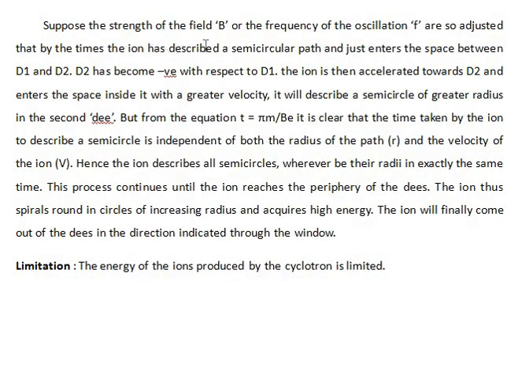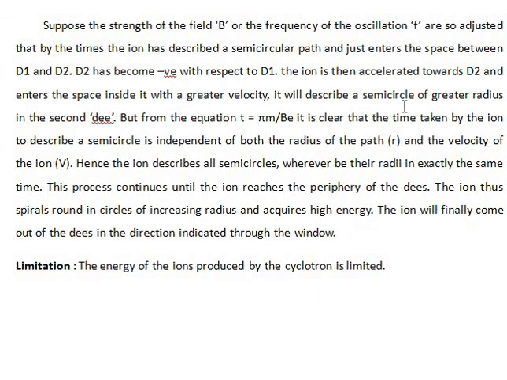Suppose the strength of the field B or the frequency of the oscillation f are so adjusted that by the time the ion has described the semicircular path and just enters the space between D1 and D2, D2 has become negative with respect to D1. The ion is then accelerated towards D2 and enters the space inside it with a greater velocity.